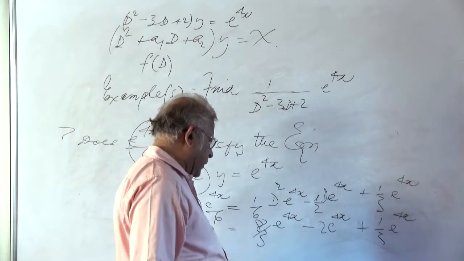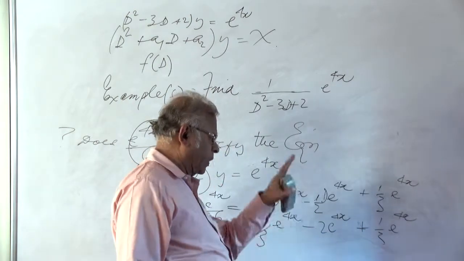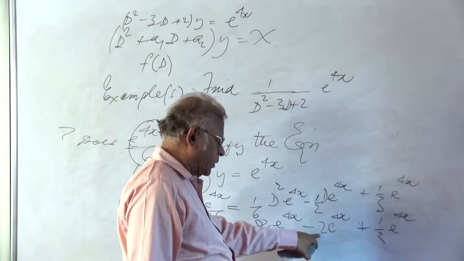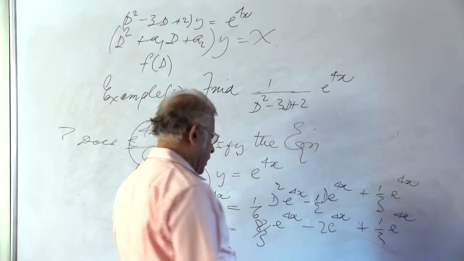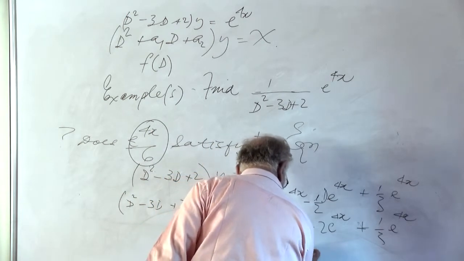If this is 8 by 3 and this is 1 by 3, that's 9 by 3, 3 times e to the power of 4x, minus 2 times e to the power of 4x. The net result is e to the power of 4x.